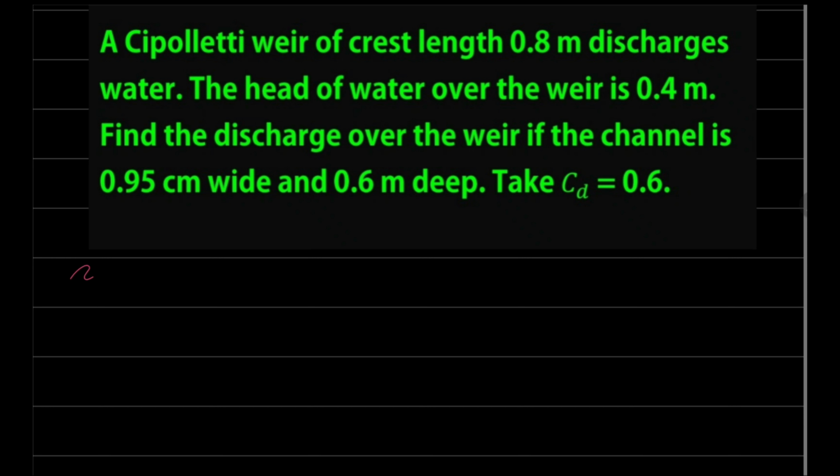So let's start the solution of this particular problem. First of all we will write down all the values which are given to us. The CD value is already given, that is 0.6, and the length of the weir given to us is 0.8 meter. So L is the length of the weir, that is 0.8 meter, and then the head over the weir, so H value is 0.4 meter.